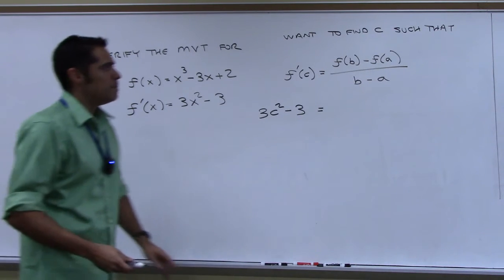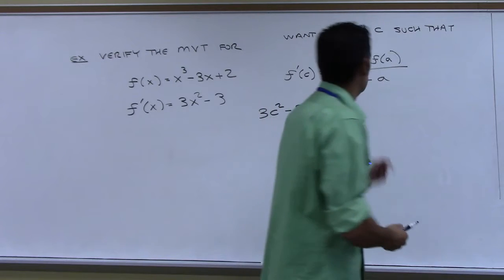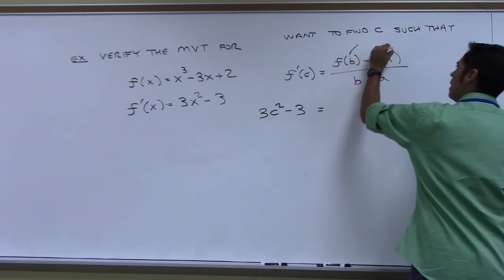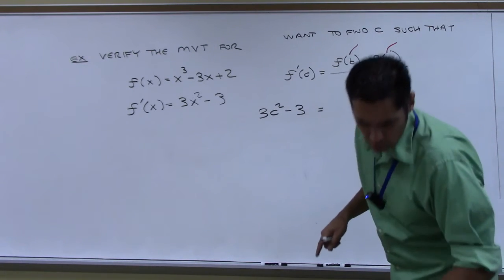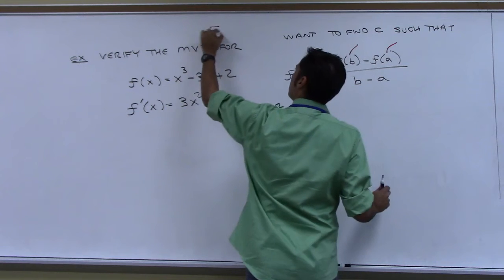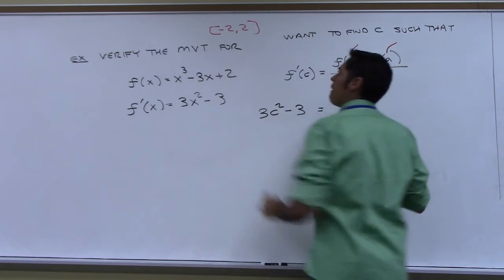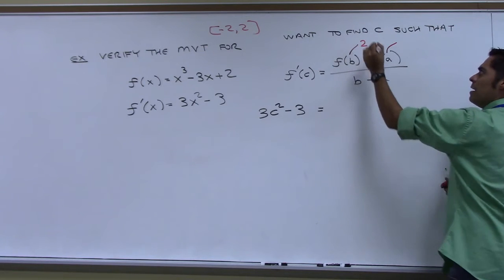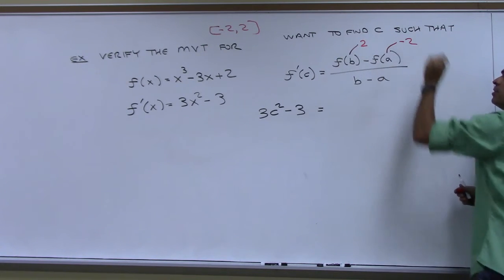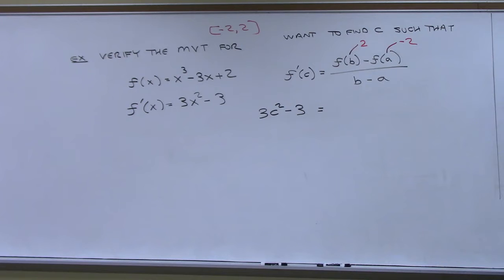Can you tell me what b is in this particular problem? What's b and what's a? They were the endpoints of the interval, which I forgot what they were. It was -2 to 2? Okay, so b is 2, and a is -2. Understand? A is going to be the one on the left.